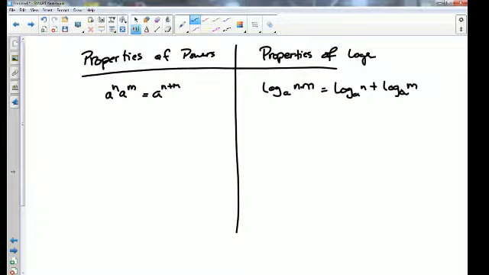A little different than the property of exponents, right? Can it go the opposite way too? Yeah, if you're given this, you can go backwards.